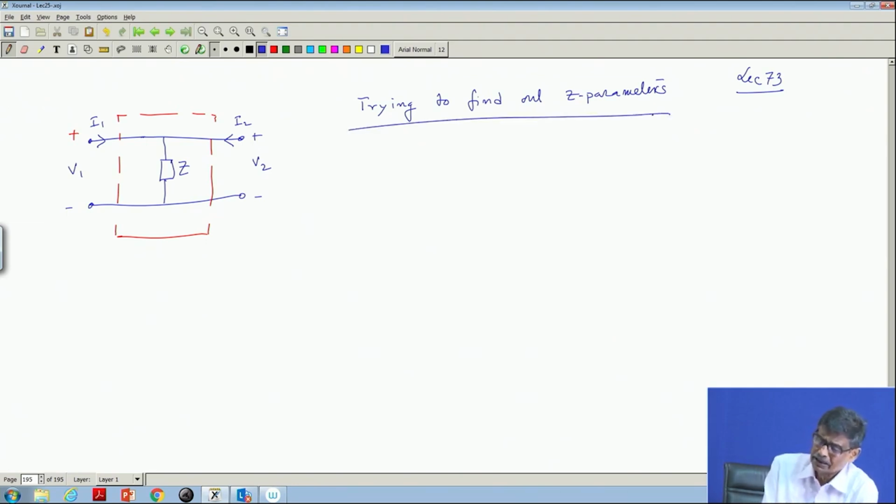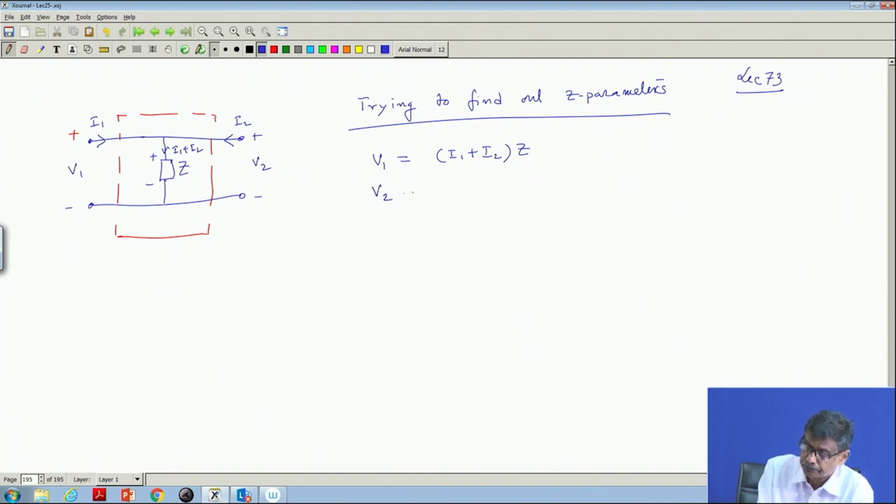To do this, you can go from the definition and write down V1 equals Z11 and so on, but it is such a simple circuit that I will do it in a much simpler way. If this is I1 and this is I2, this current must be I1 plus I2, is it not? Then V1 is nothing but (I1 plus I2) into Z. The voltage drop across Z is (I1 plus I2) into Z.